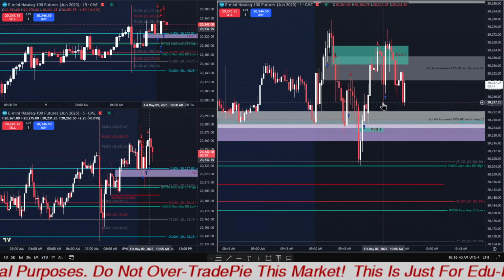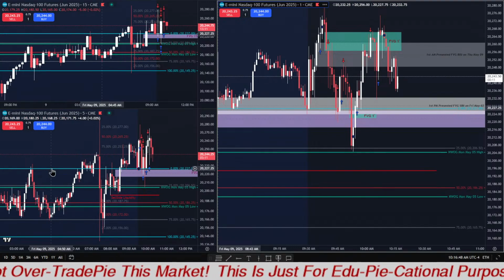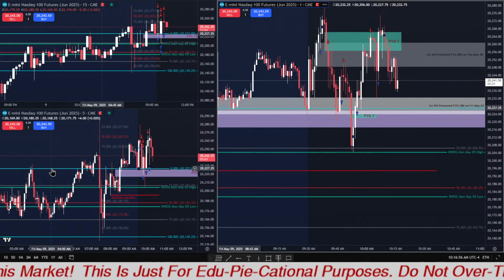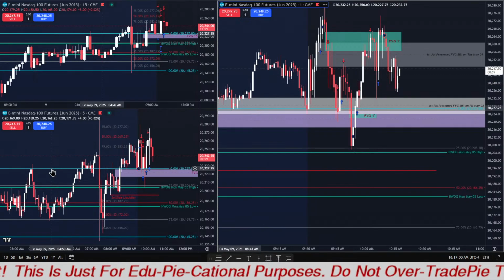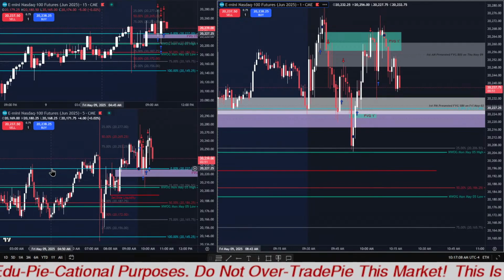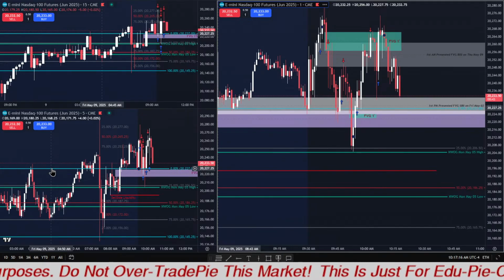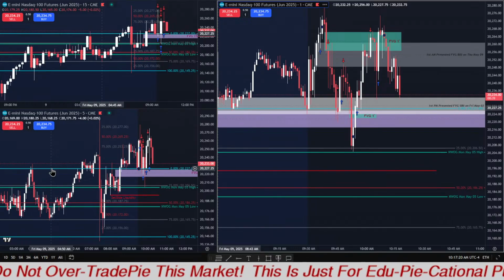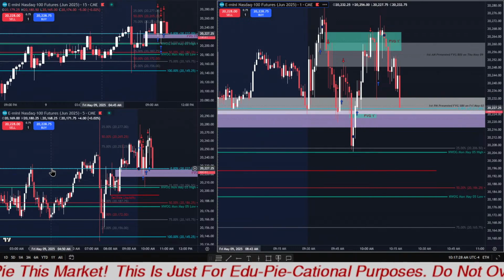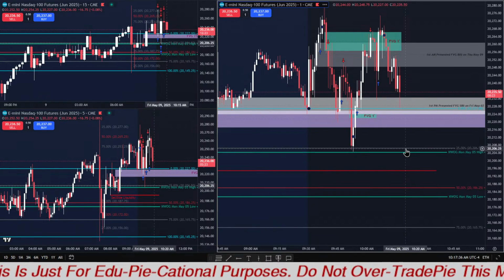Trying once again to reach the first presented fair value gap of today. Touching the opening price at 930 once again and starting going higher.